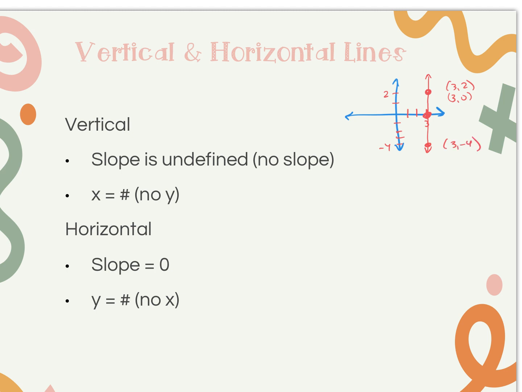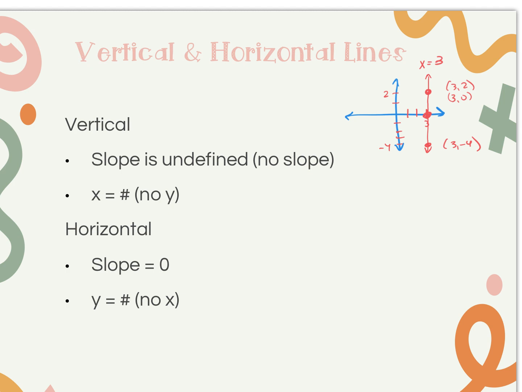So notice in this vertical line, every x value is always 3. X equals 3. Notice that the y values are all different, but notice one thing: this graph never intersects the y-axis. There's no y-intercept in this graph. There's only an x-intercept.